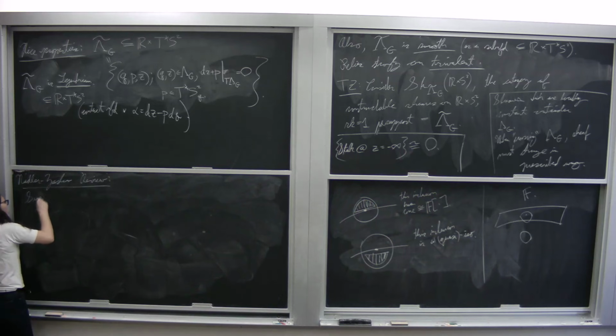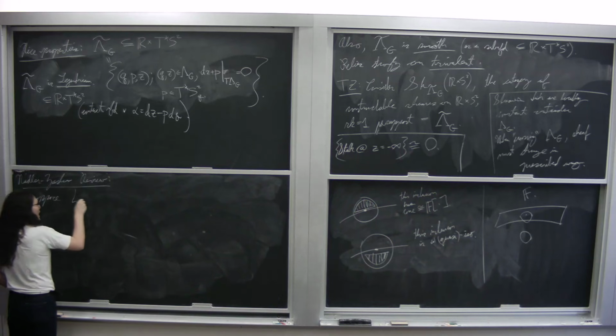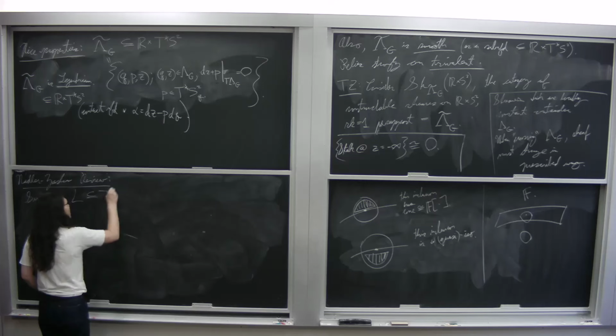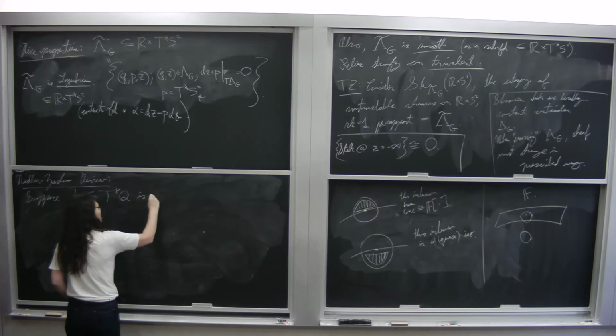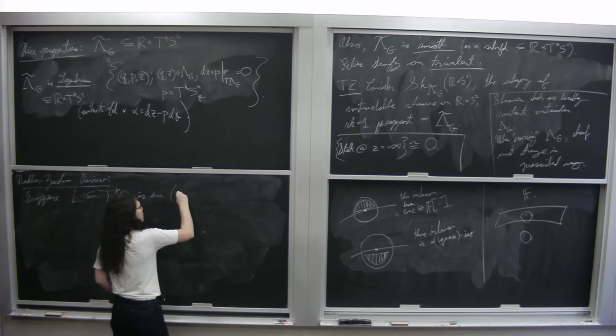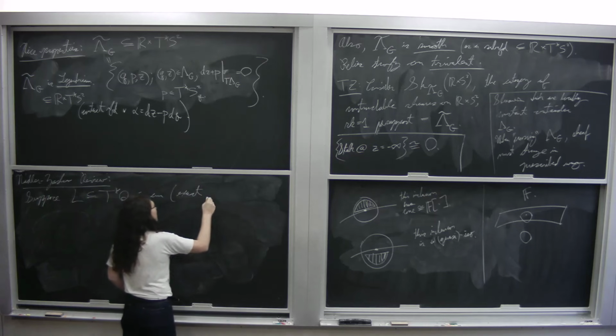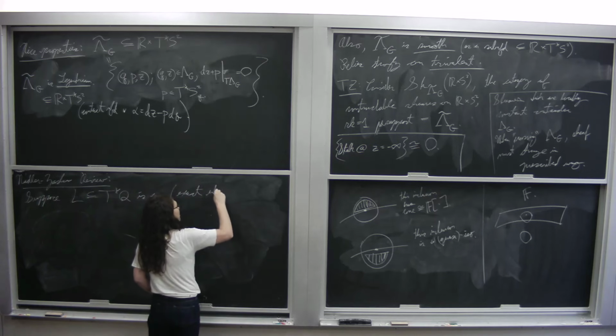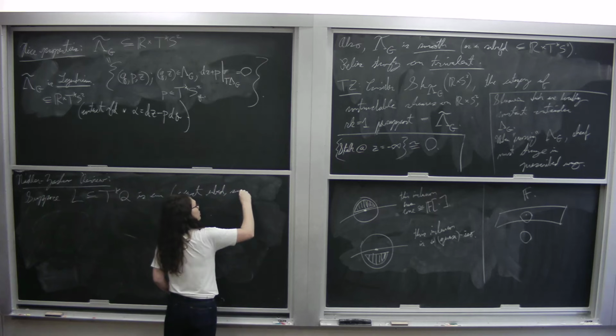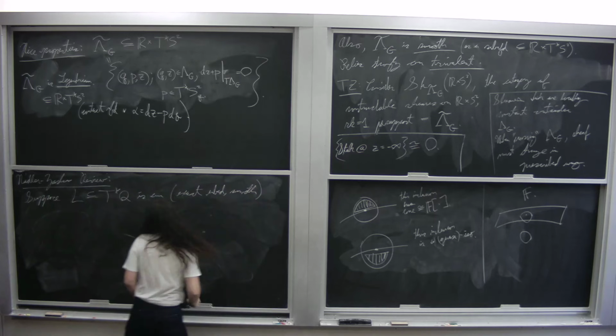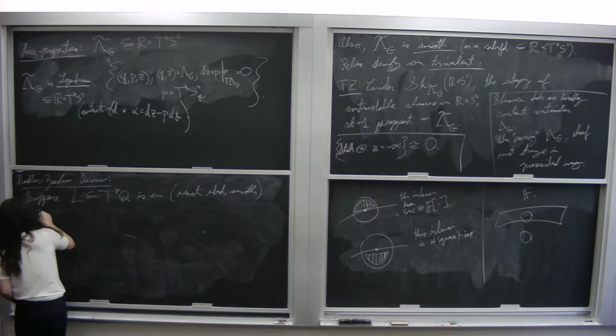Let's suppose that L inside of T star Q is an exact embedded smooth Lagrangian.